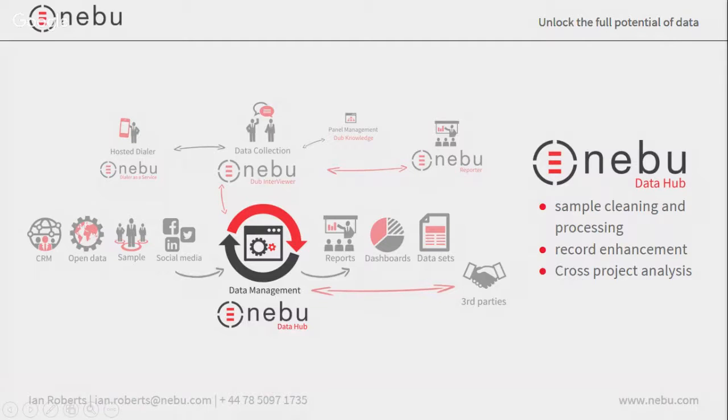You can also have that project information come back into the hub and match that up with external sources, pulling in comparisons there as well. And because all of the data from your interviewing, your data collection, can sit in the hub, you can then start doing cross-project analysis.